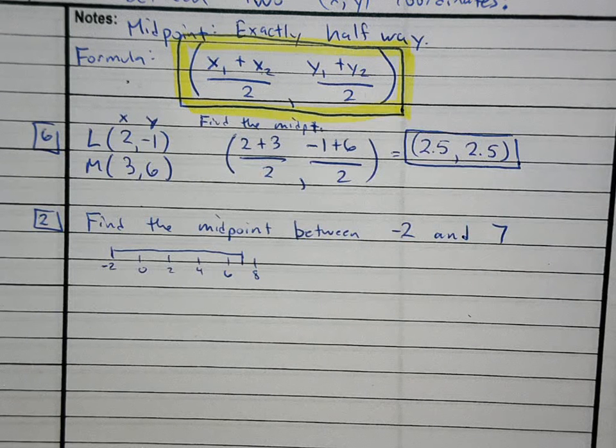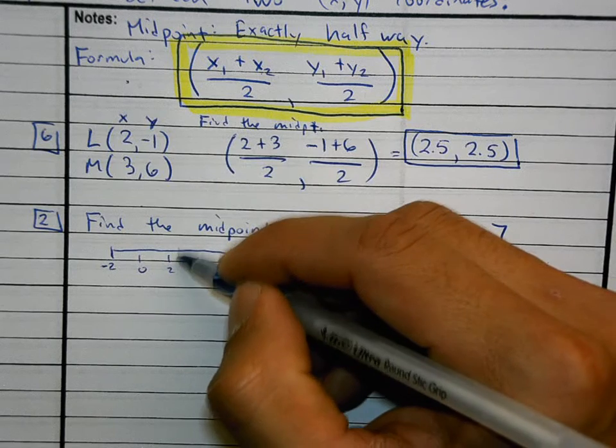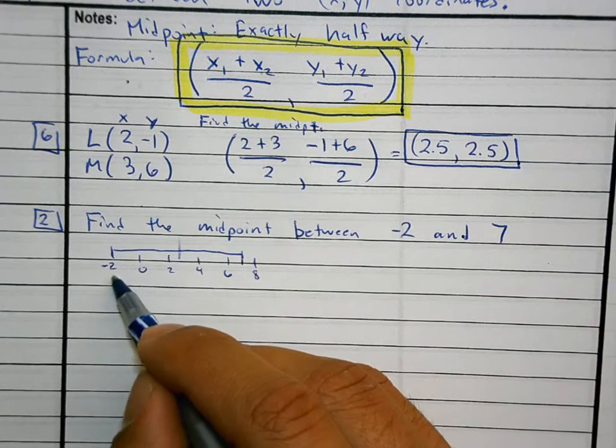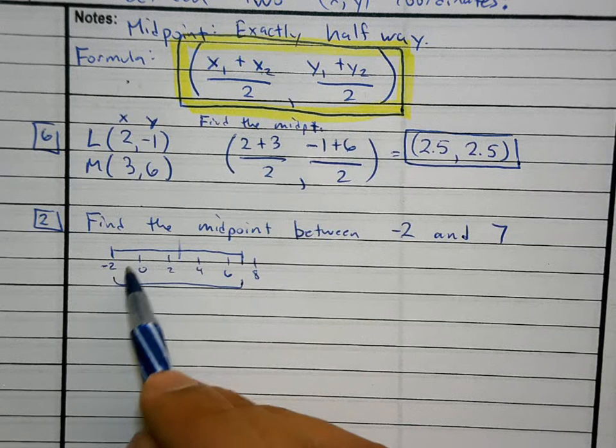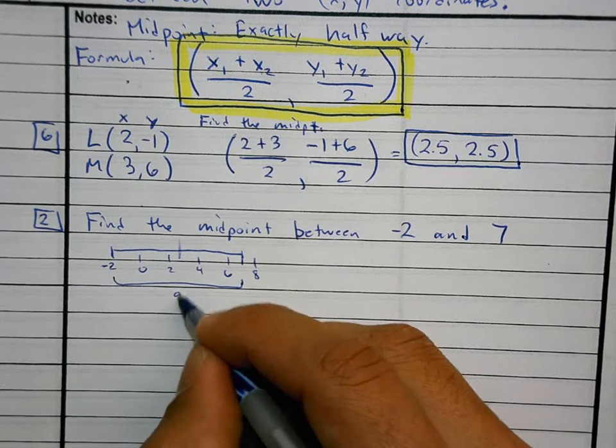So if I'm thinking about where the halfway point is between -2 and 7, I know it's got to be in the middle, right? I have to know how far is it. 7 units plus the additional 2 is 9 units.